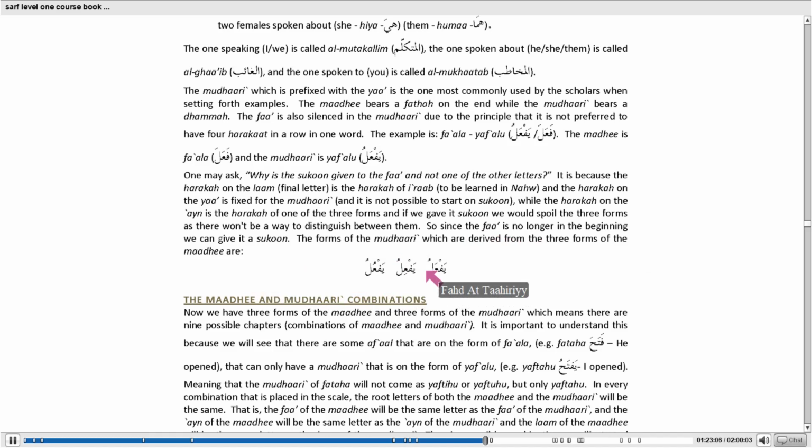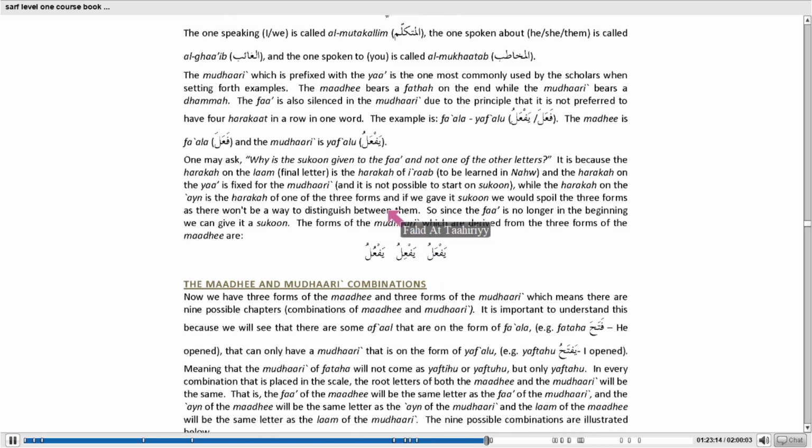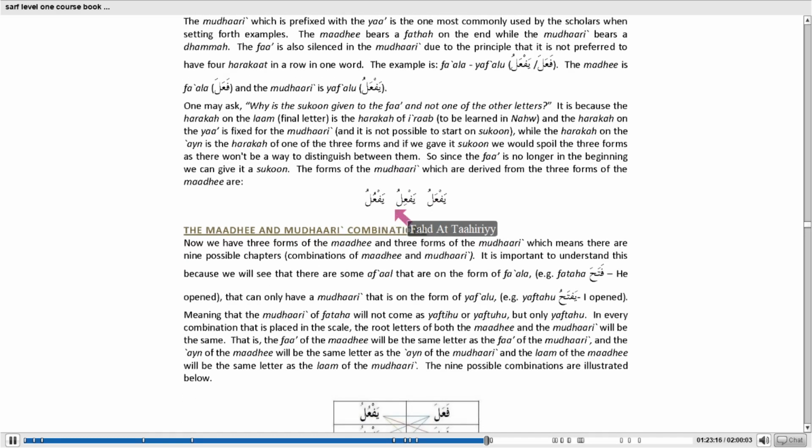Since the madi only has three forms, so will the mudari'. Good? Because the starting point of forming the mudari' is the madi.